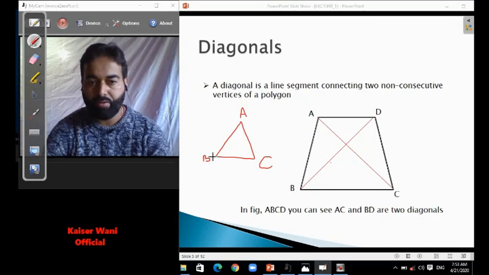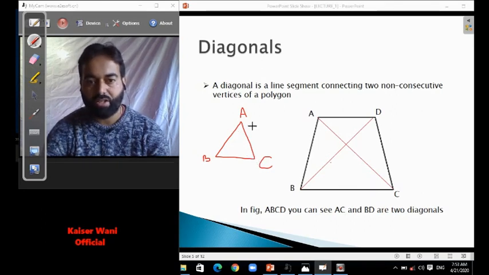B also has no non-adjacent vertex, and C has no non-adjacent or non-consecutive vertices. So that is why we can't draw a diagonal on this triangle. Okay.